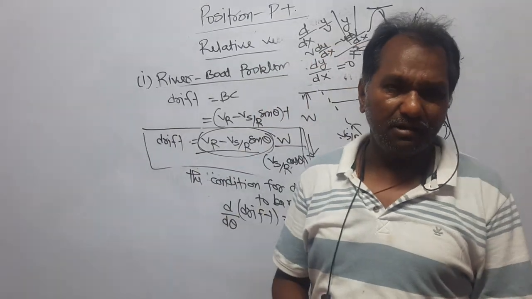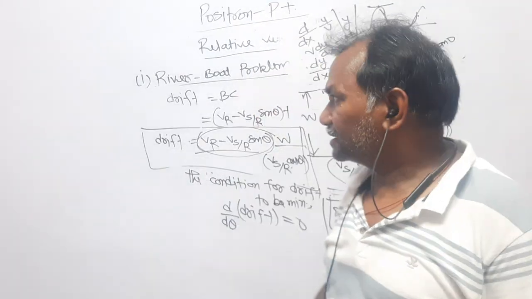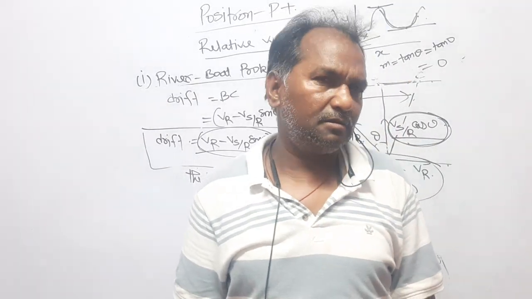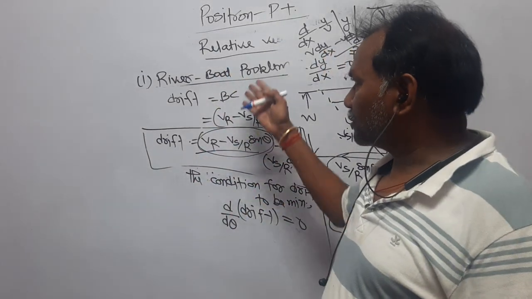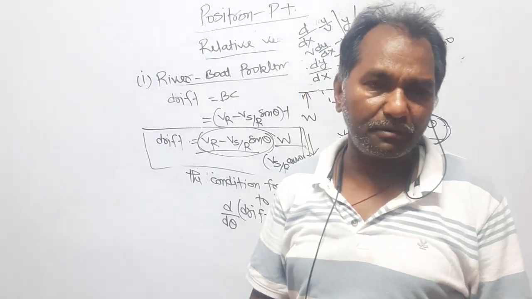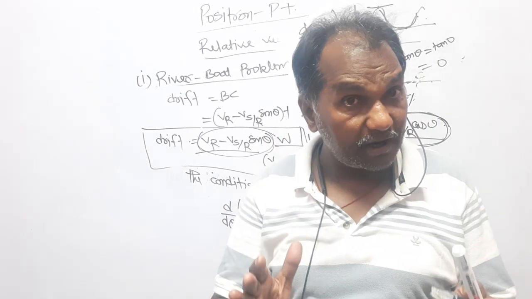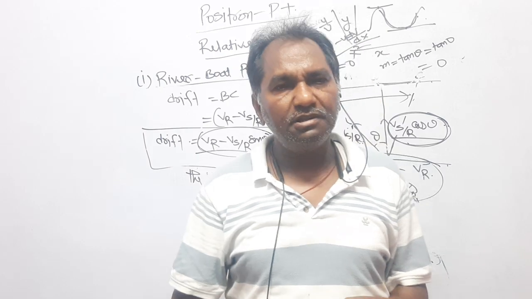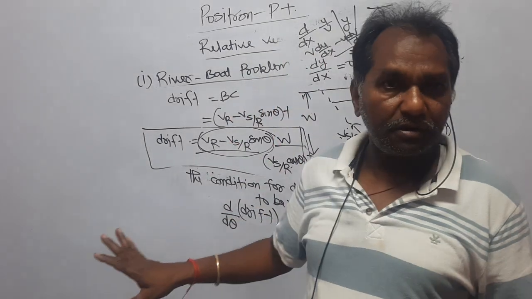This is the river boat problem. Dear students, in the next video I will talk about the rainman problem. My objective is that when we solve problems based on river boat, at that moment we will discuss the river rainman problem too, and we will solve some problems based on river boat, airplane wind, and river rainman. So the next video is going to consist of problems on river boat.